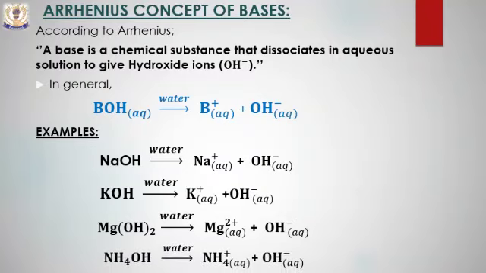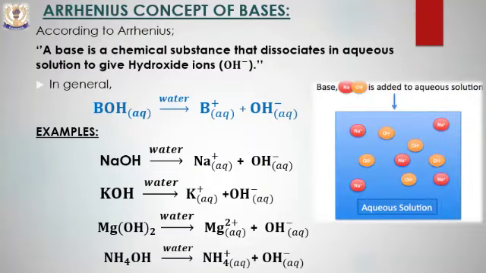Ammonium hydroxide produces ammonium ion and hydroxide ions. As all these chemical substances produce hydroxide ions in aqueous solution, they are termed bases according to Arrhenius. You can see in the diagram that sodium hydroxide in aqueous solution dissociates, or splits up, into sodium ion and hydroxide ion.